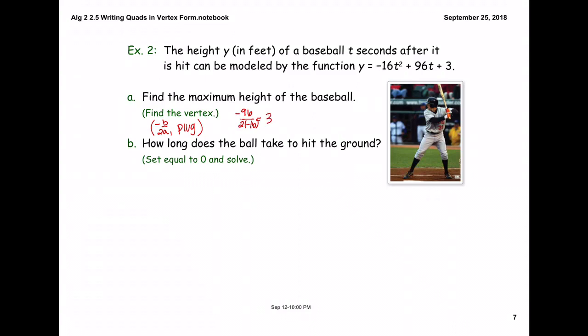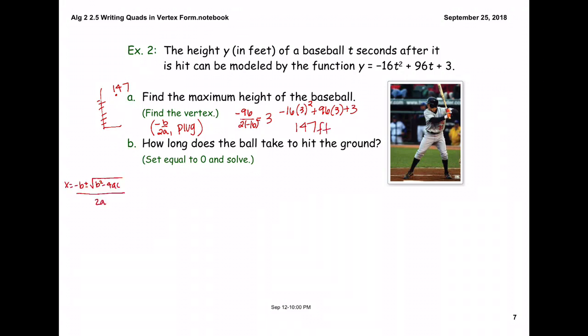When you plug 3 back into your quadratic equation and simplify using your order of operations, you get 147. So the maximum height of the baseball would be 147 feet.